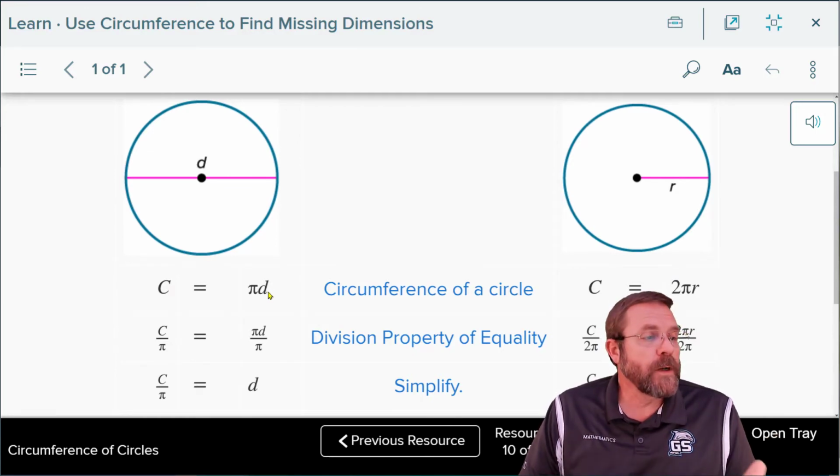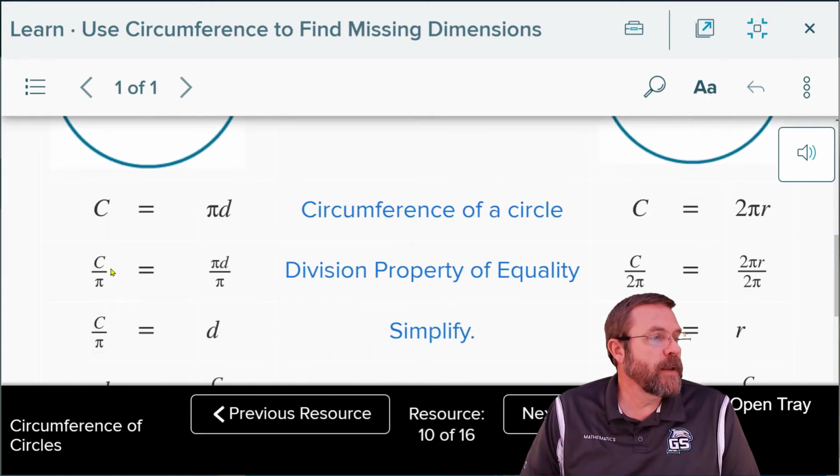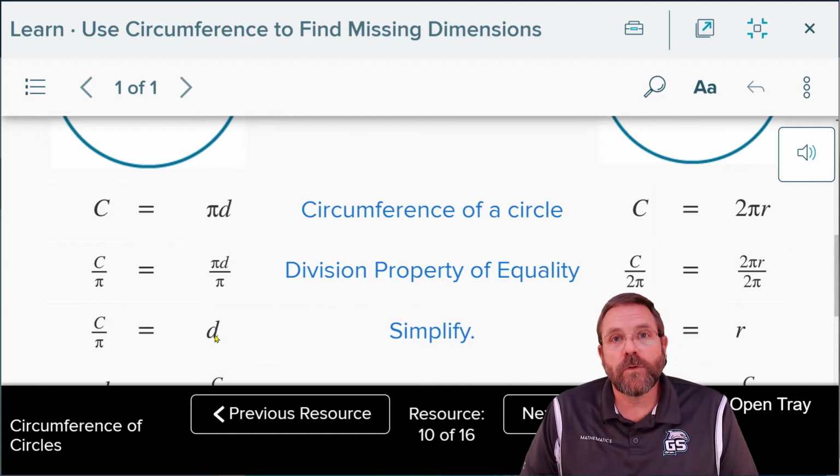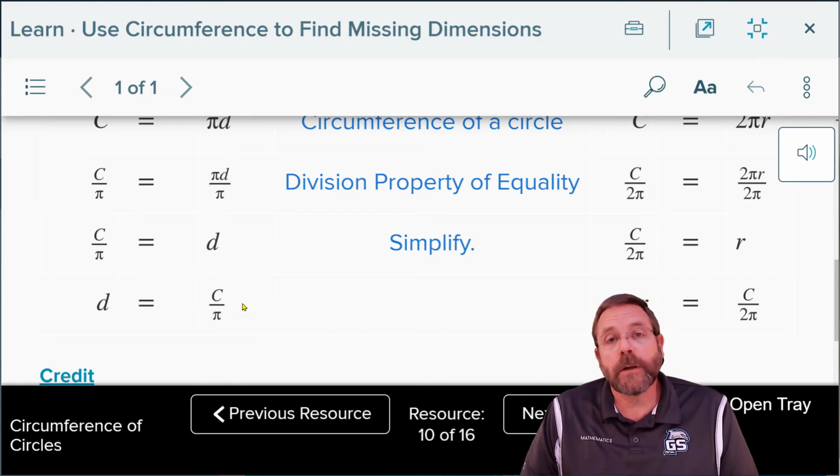And if they wanted us to find the diameter, all we would have to do is isolate for the d by dividing by pi on both sides like you see right here, and that would end up giving you circumference divided by pi is equal to your diameter. Also known as diameter is equal to circumference divided by pi. You can flip it. There's no reason to, but you can do that.